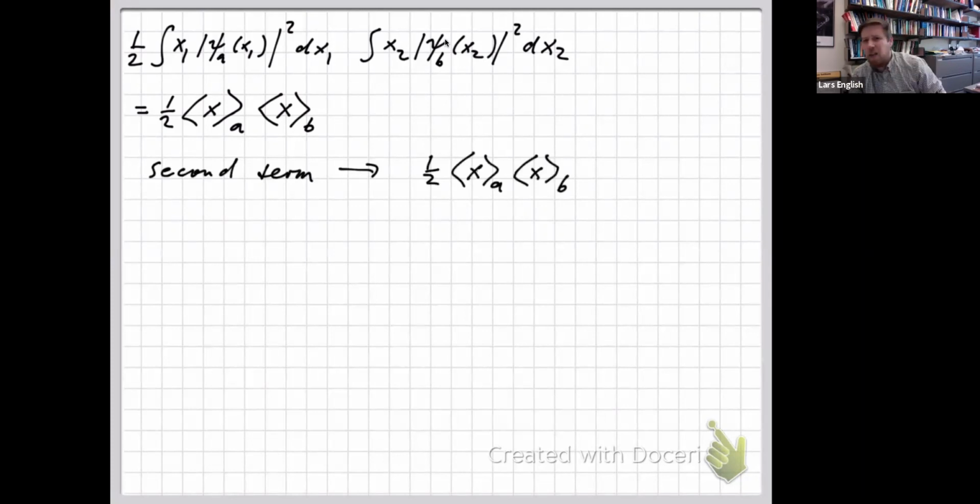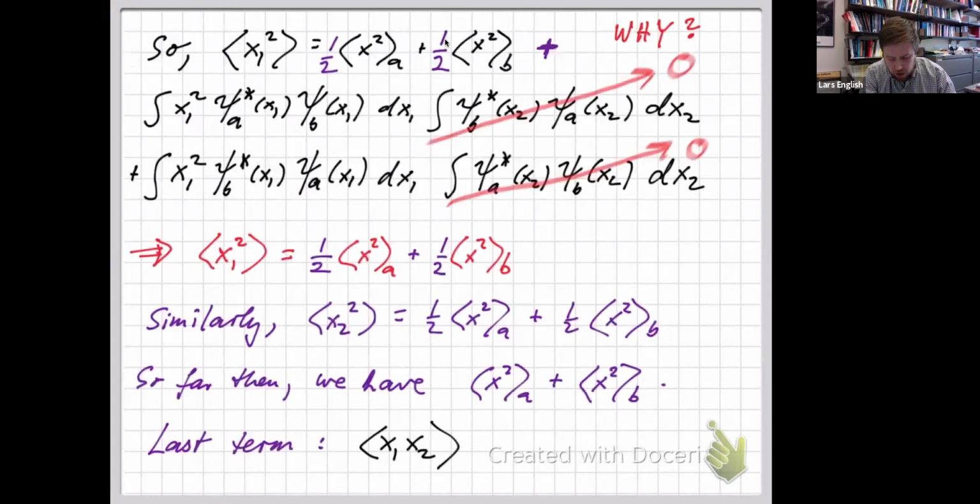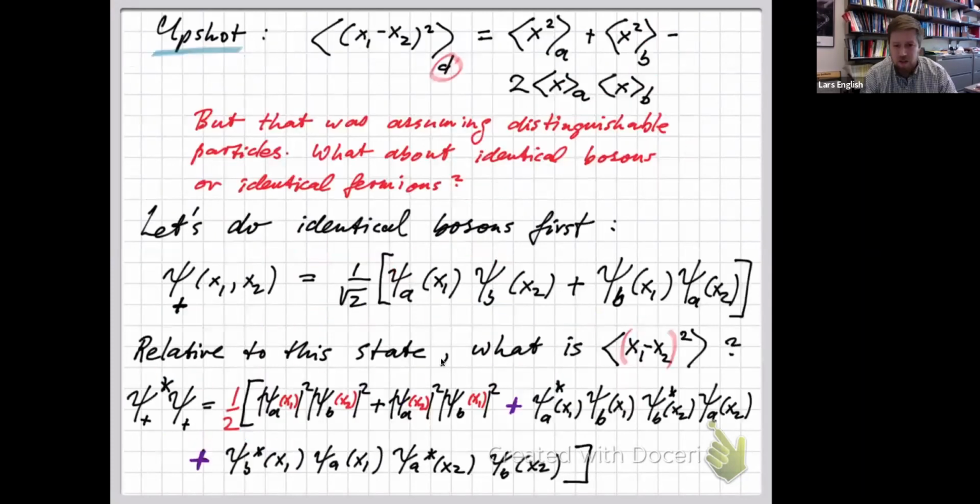So when I say terms, you really have to go all the way back to the wave function, right? First term, second term. When I convert the wave function into a probability density, I get a first term, a second term, and then these two cross terms. So I'm going to tackle them one at a time, but this time the expectation value of what? Of x1 times x2, all right?